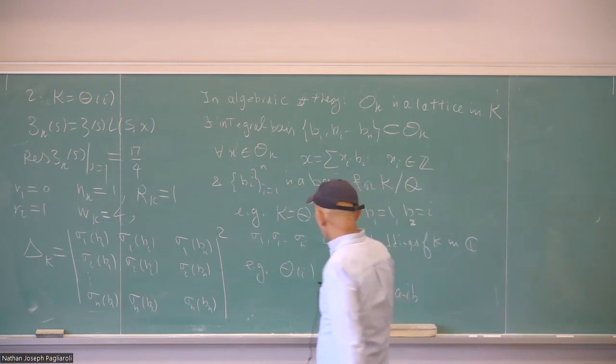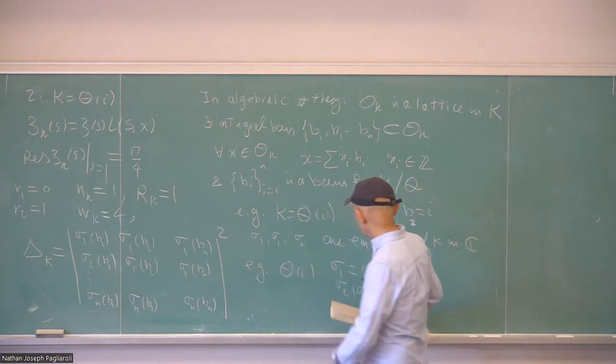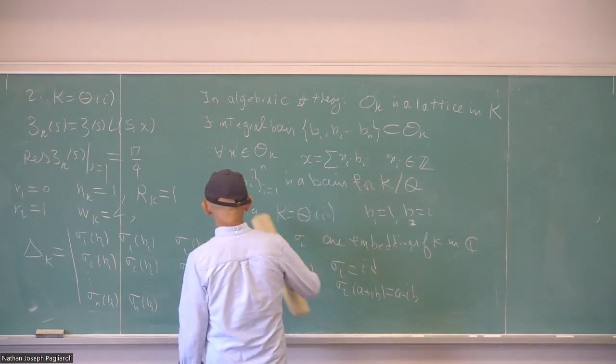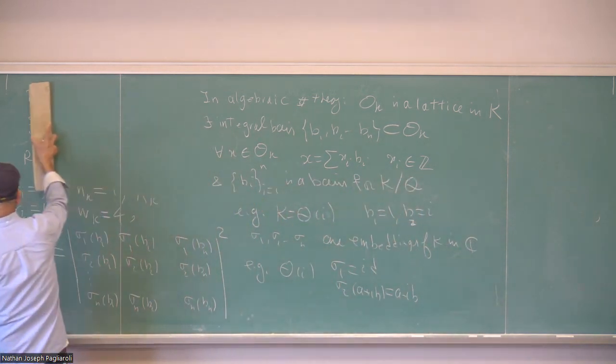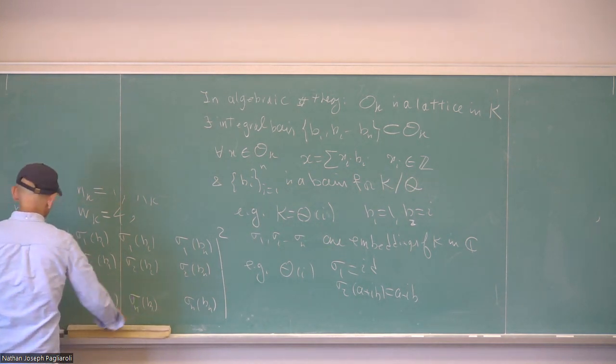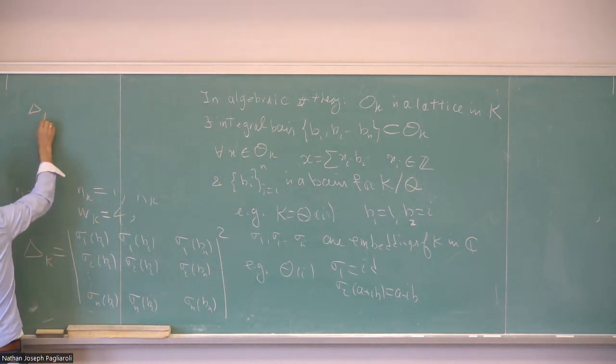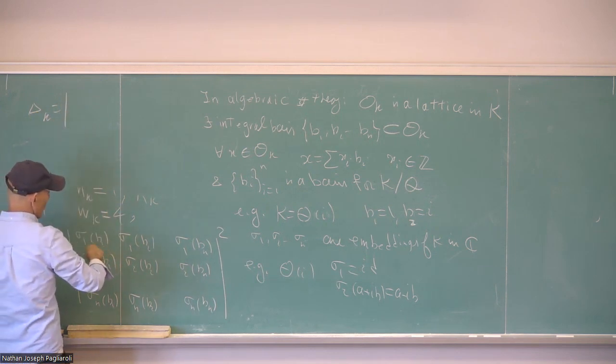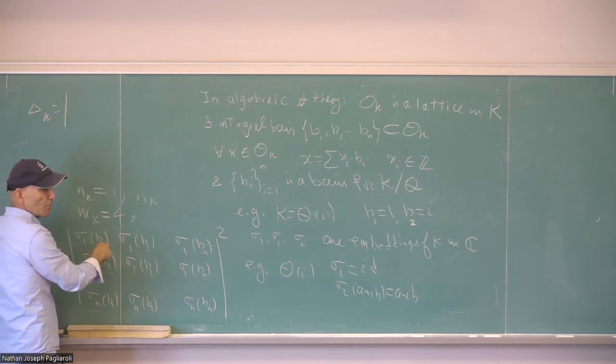Okay, good. Now let's compute this using this information that we have here. So what is the discriminant then? The discriminant in this case, delta K, is the square of the following determinant. The first row is just 1 and I, right?